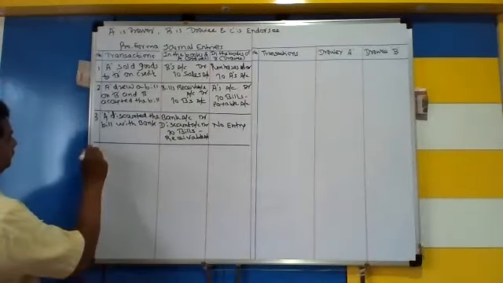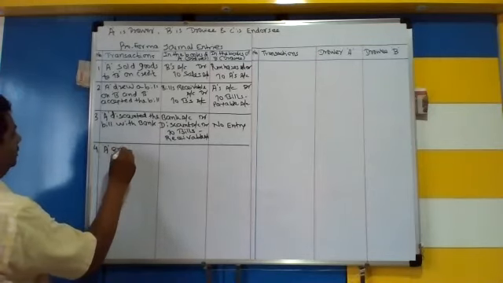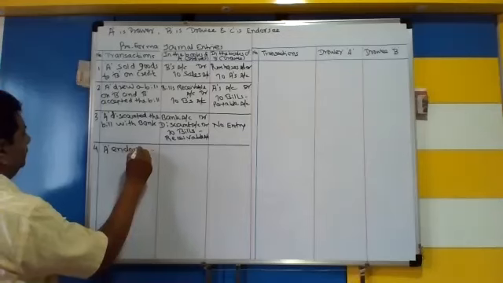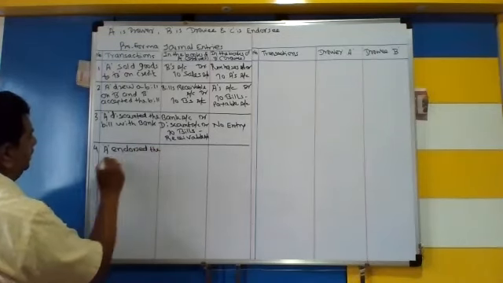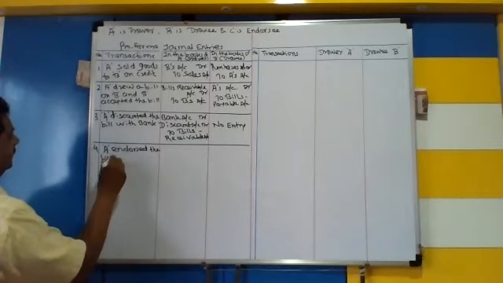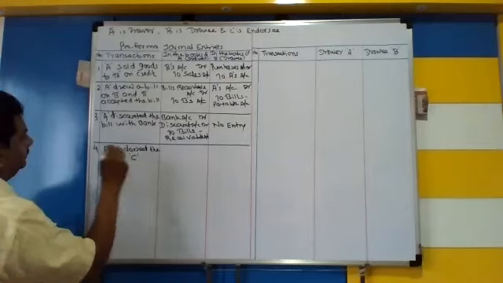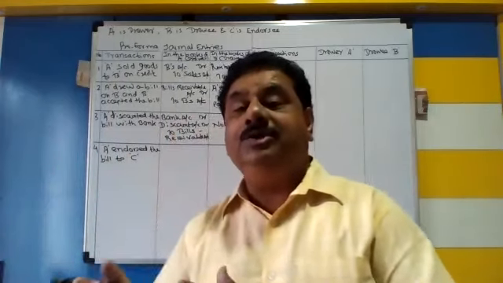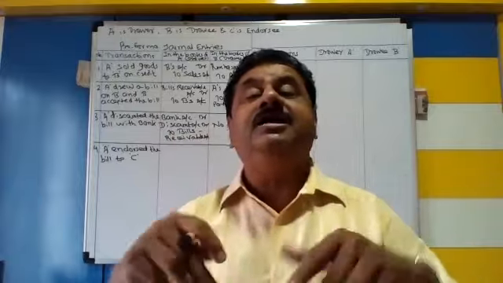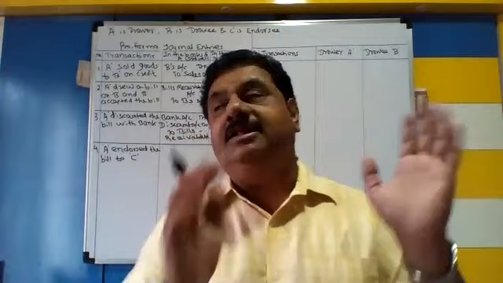Number 4, A endorsed the bill. By the way, these are possibilities. A endorsed the bill to C. Meaning, A transferred the bill to C, gave it, giving the entire right.